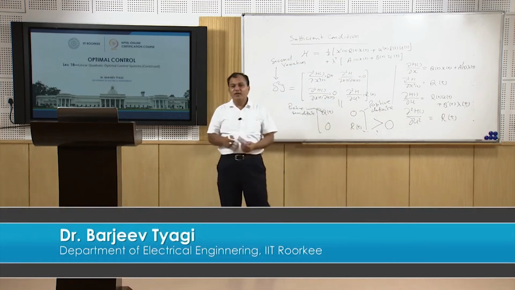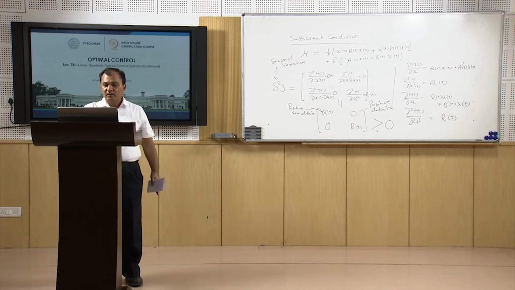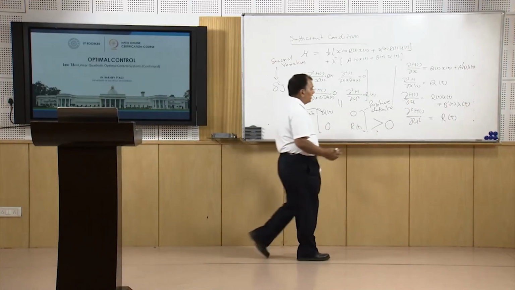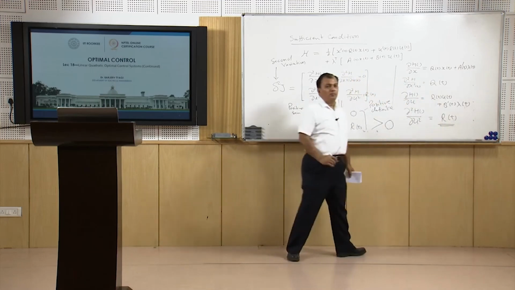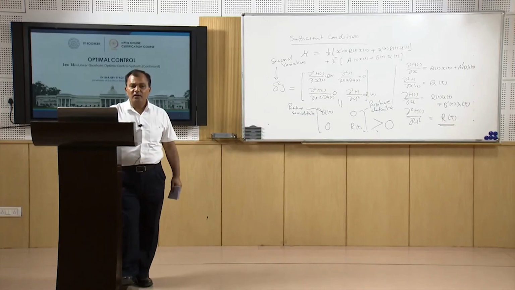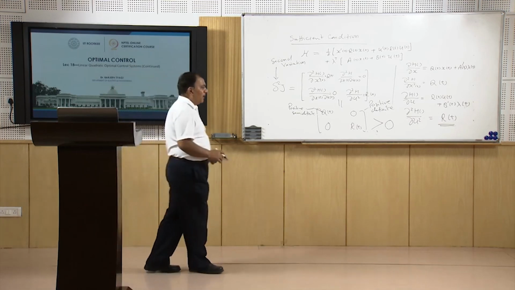So, in general we can directly check the sufficient condition simply by checking del 2H by del u square, which should be a positive definite matrix, and if it is positive definite, then the sufficient condition is satisfied and we are working for the minima of my system.